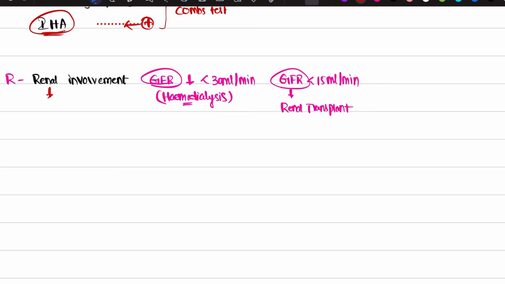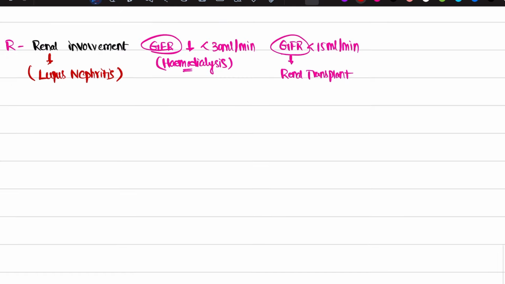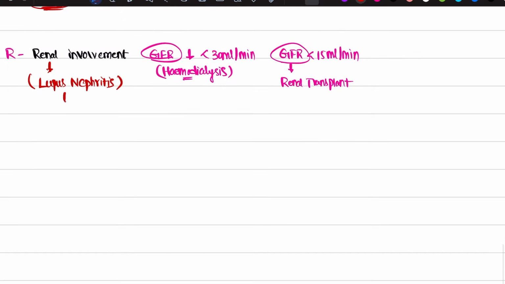If renal involvement is there in SLE, it is called lupus nephritis. In lupus nephritis, the patient presents with the features of hematuria and proteinuria.